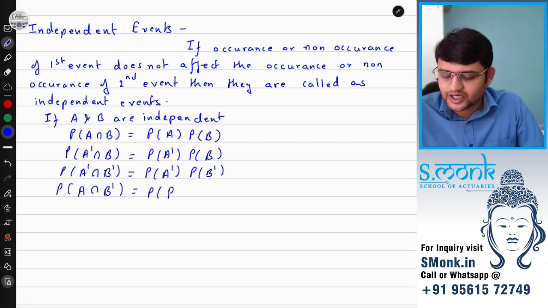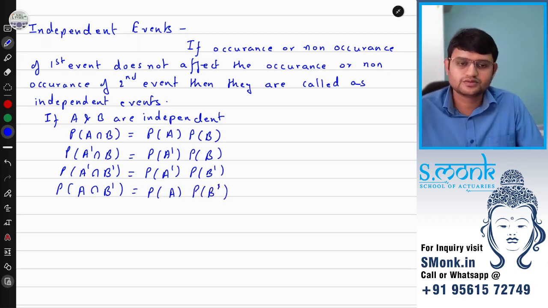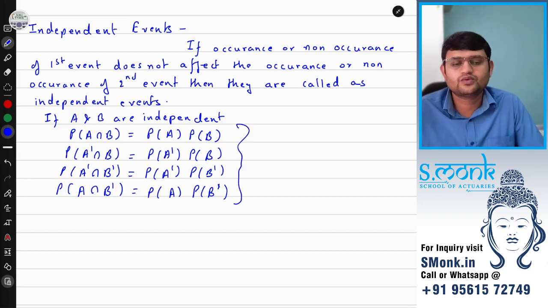It just happens individually because they are independent of each other. So all four are going to be true. You can convert one into the other.